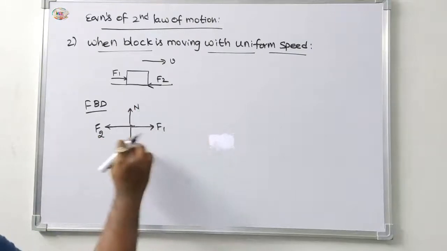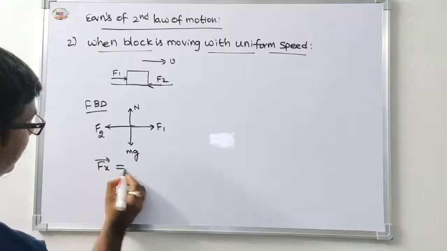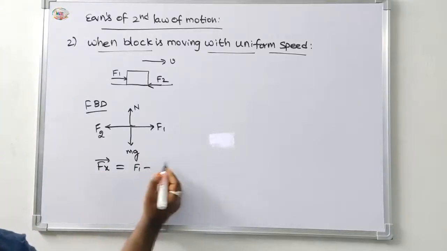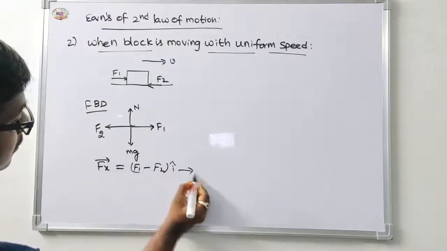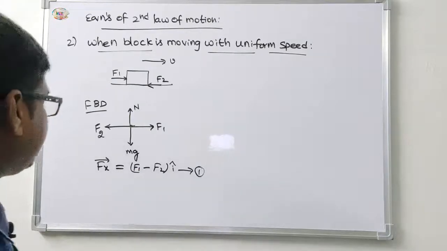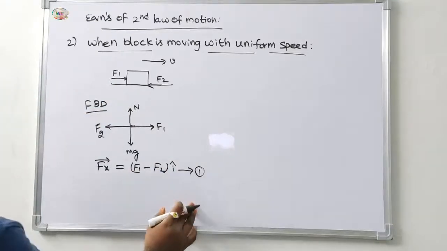Along the x-axis, Fx is equal to F1 minus F2 into i cap. This is equation number 1.